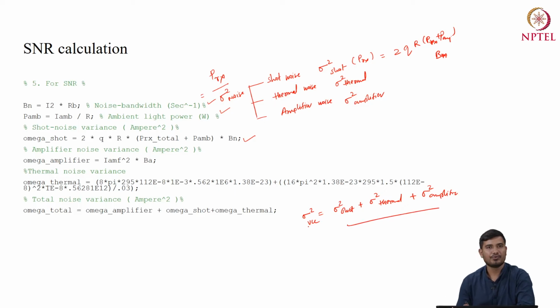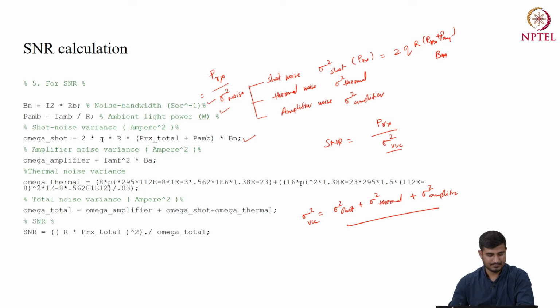Now you have calculated the total noise power as well. So now you can easily calculate the SNR, which is nothing but P received divided by sigma square VLC. As I've said, your SNR will be a function of received power divided by the total noise.